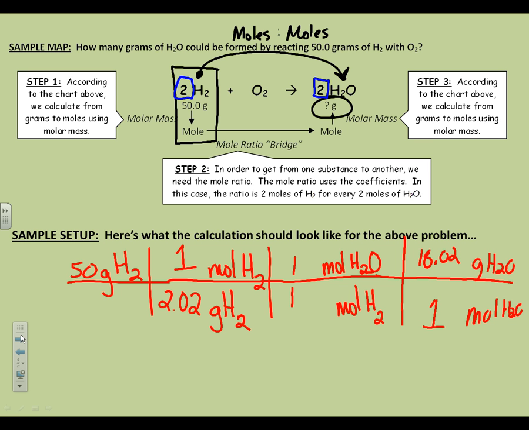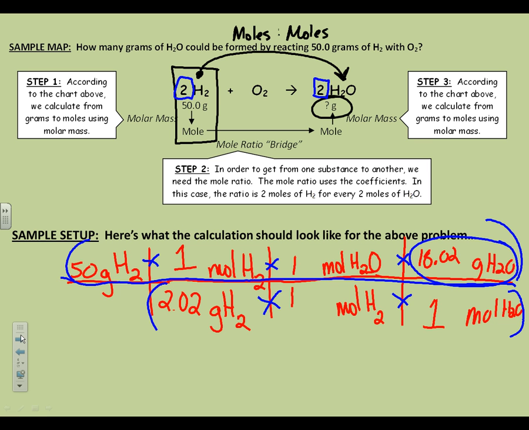Okay, great. So right now we have the unit and the substance that we're looking for at the top right. Grams of water. So we can simply multiply everything on the top and divide by everything that's on the bottom. So we're dealing with 50 times 1 times 1 times 18.02, and I'm going to divide that all by 2.02 times 1 times 1, which we know is simply 2.02.